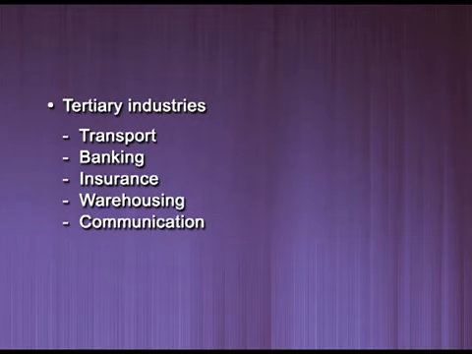Now, the third industry is tertiary industry. Tertiary industries are basically service industries. Tertiary sector provides the basis or help to the primary and secondary industry. It is more or less similar to the auxiliaries to trade, which we will discuss later on.